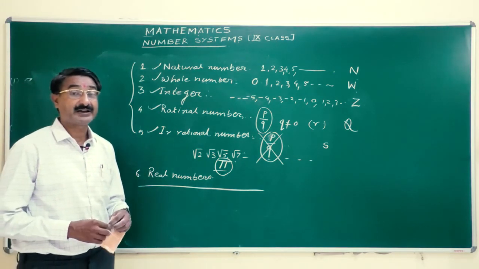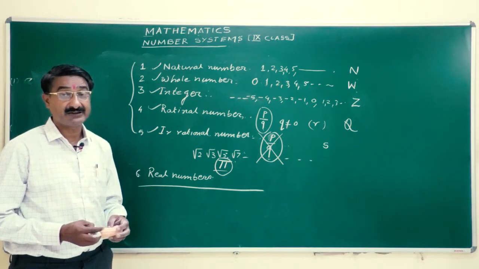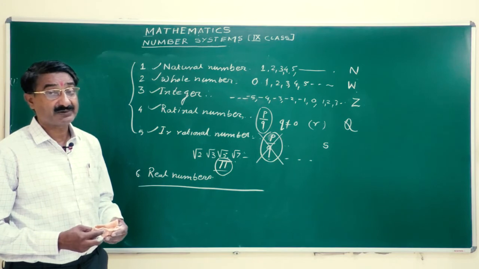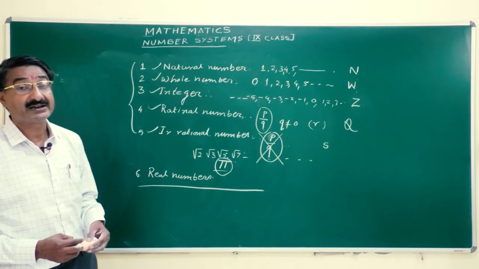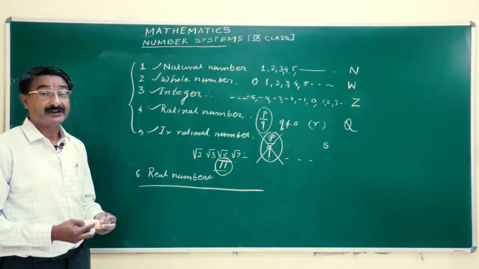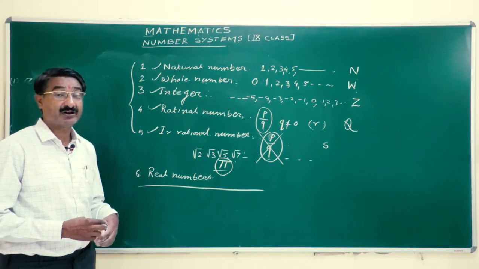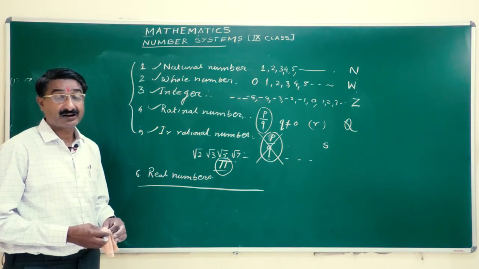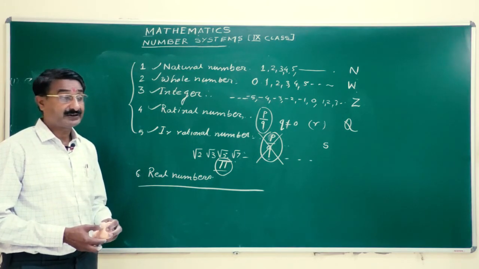If it is non-recurring and non-repetitive in nature, then it is an irrational number. Means irrational numbers have non-repetitive and non-terminating decimals, they are not repeated after a certain interval.